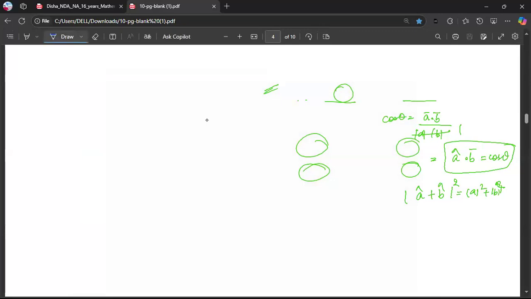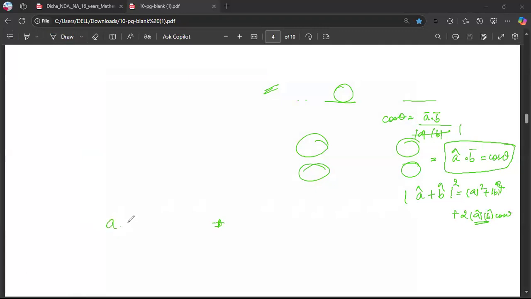So let's move ahead. Now plus 2AB into cos theta. We know that the magnitude is 1 only.